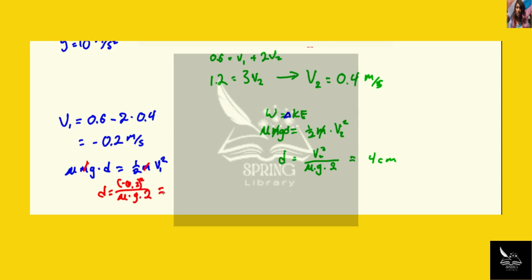And so our distance here will be 0.01 meters, 1 centimeter, but in the opposite direction. So we've got the larger block moving 4 centimeters forward and the smaller block moving 1 centimeter back. So the difference in their travels, the distance apart that they are, is 5 centimeters of separation.